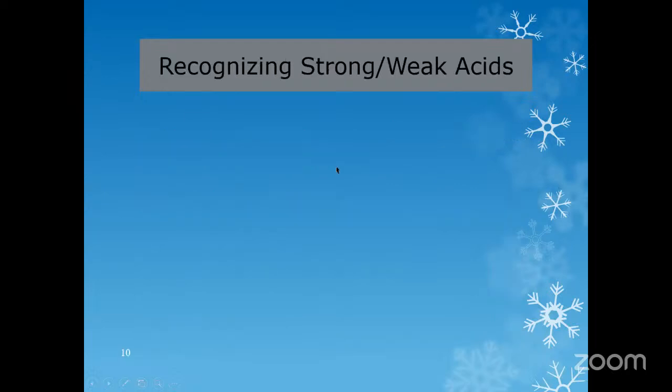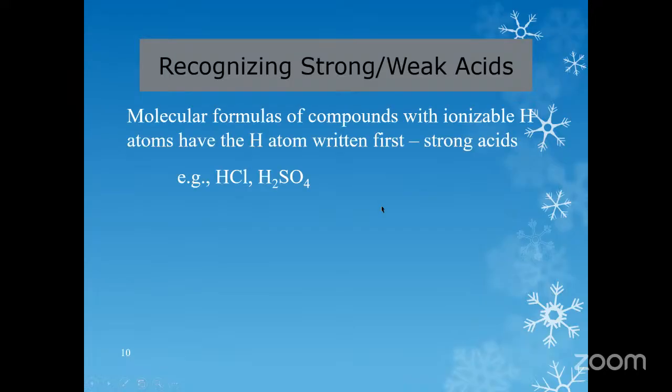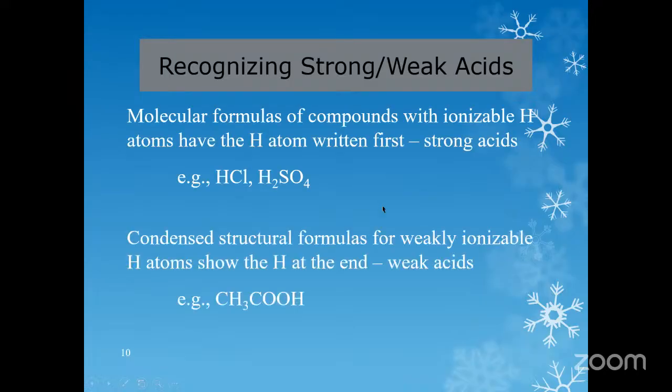Now, this begs the question, how can we tell the difference between strong acids and weak acids? Well, this is one of the few times where I would expect you to memorize some stuff. If you have had me before, and I think I mentioned this earlier with you guys, I'm not a big fan of memorization when it comes to chemistry. I believe that the best way to learn chemistry is to engage in problem-solving exercises.